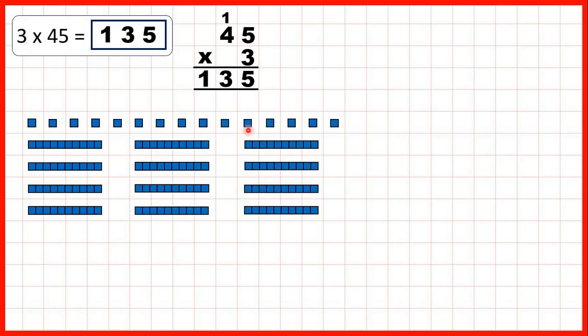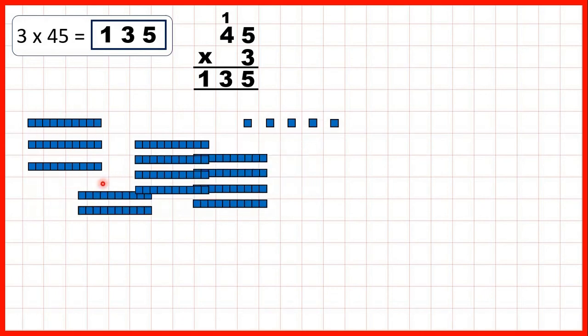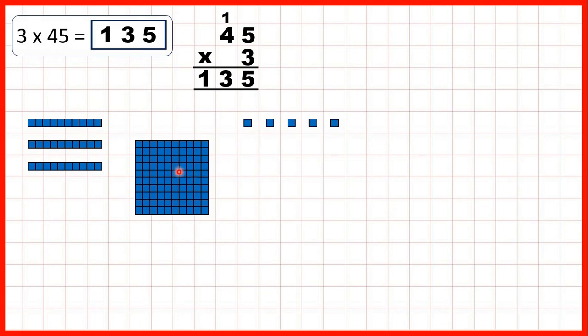Now here we have 15 ones, so we can regroup those into 1 ten and 5 ones, which is why we write 1 above our tens column and 5 as the ones digit of our answer. But now we have 13 tens. We can regroup 10 of those tens to make an extra 100, and doing that means that we get 135 as our answer.